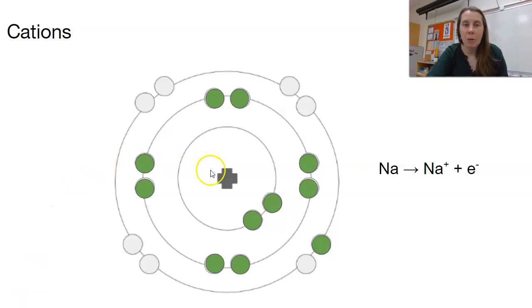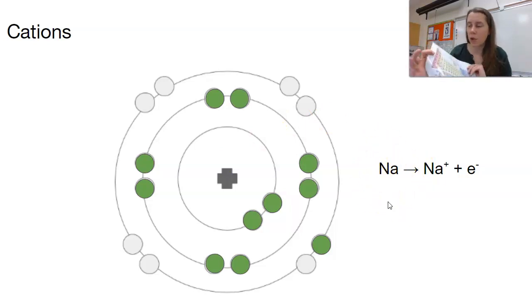So now let's talk about how we would get to ions that have charges that are different than neutral. If we take a look at an example like sodium, if you look at your periodic table, you'll see that sodium has 11 protons and 11 electrons. So if we fill in our Bohr model, that leaves 1 electron out here in the valence shell.